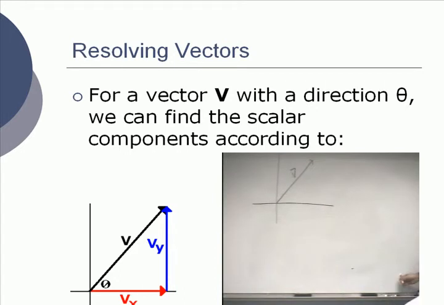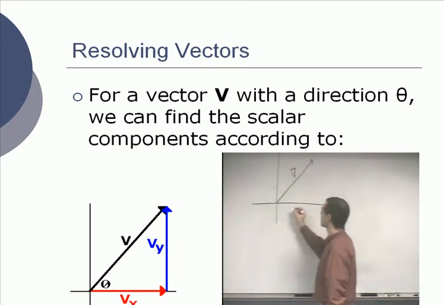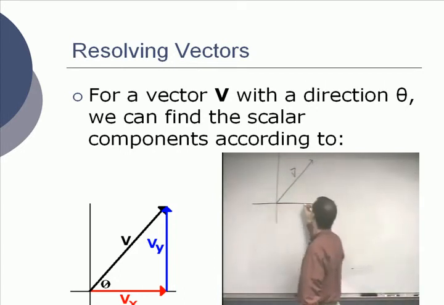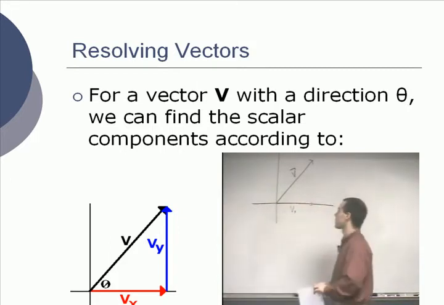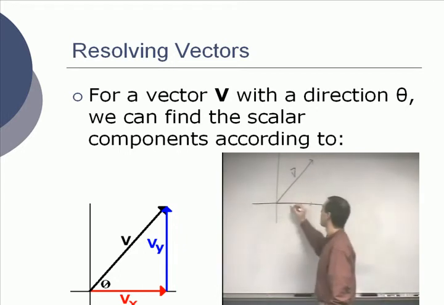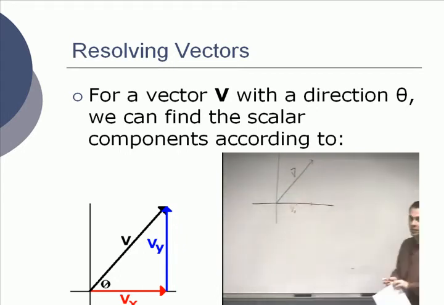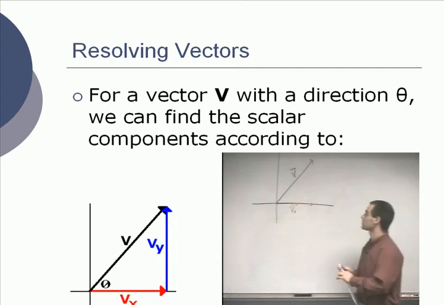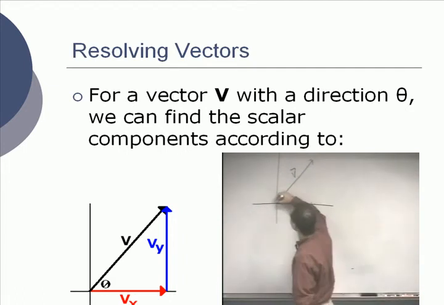Now, the x component is, of course, going to lie right along the x-axis. And we call that component, we just put a little subscript of x on there to show that that's the x component. It's still a vector. We'll often just deal with the magnitude of it, but it's still a vector. The y component would be along the y-axis.